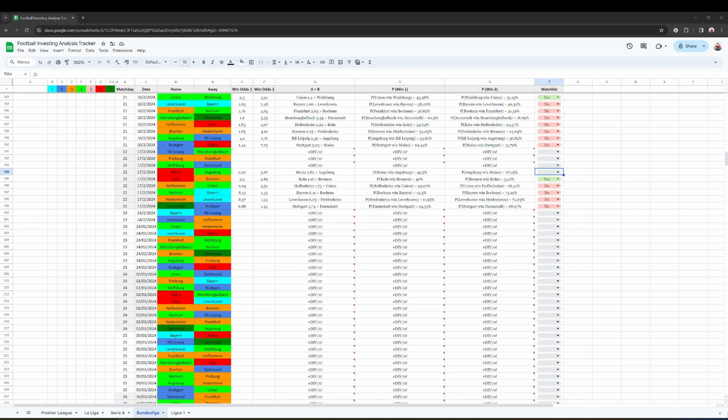Okay, so if Augsburg is not completely poor away, then I'm going to lay Mainz. They are 10th in the table, Augsburg, so they are not that poor away. Recently they drew with Bochum 1-1. They even defeated Mönchengladbach. They lost with Stuttgart, so category 2, fair.